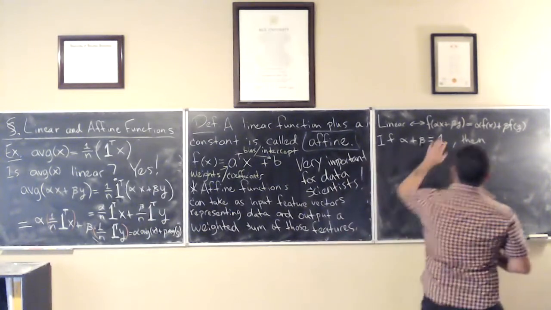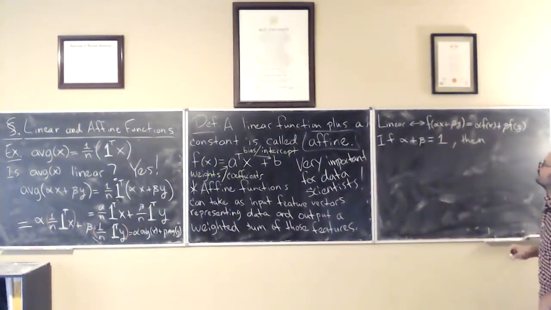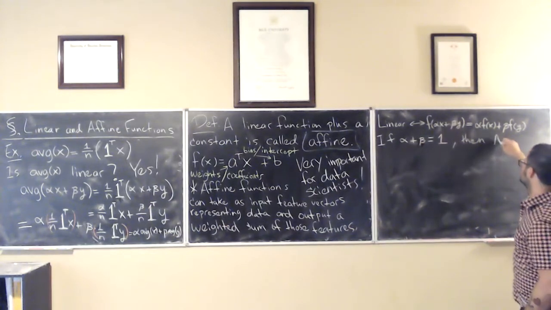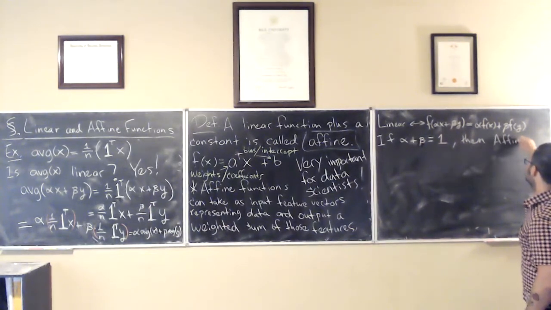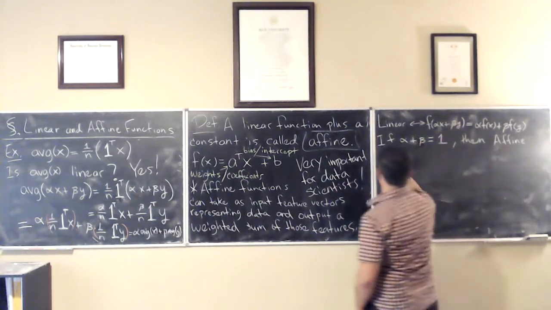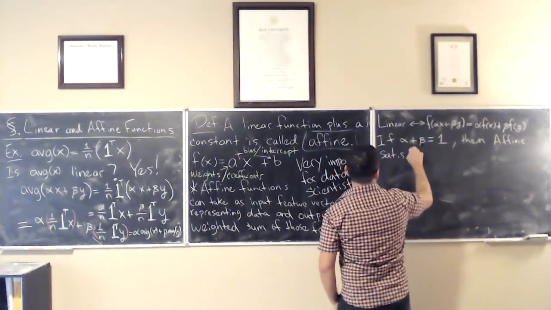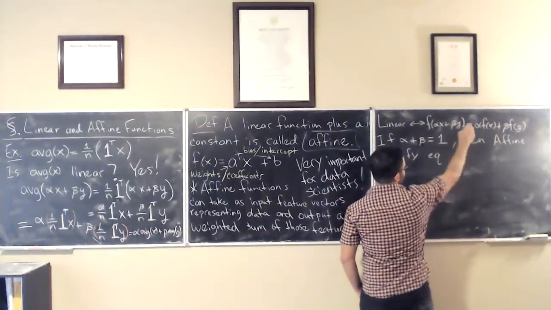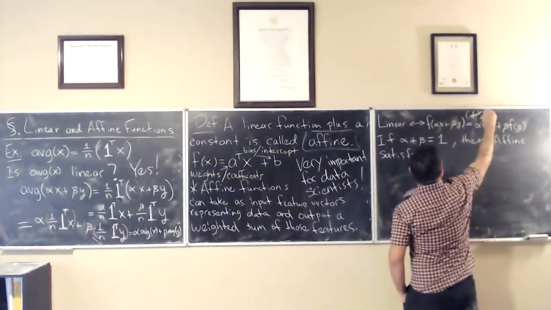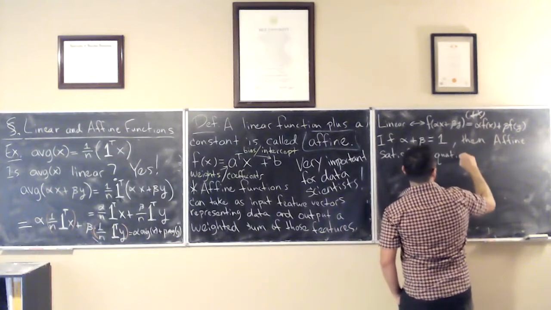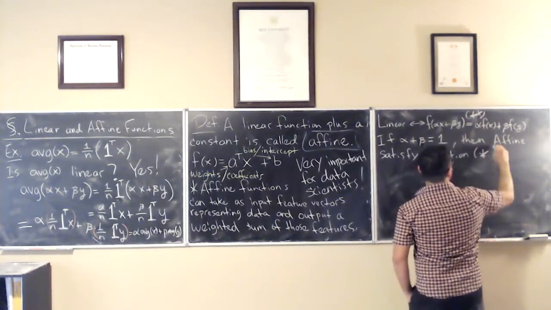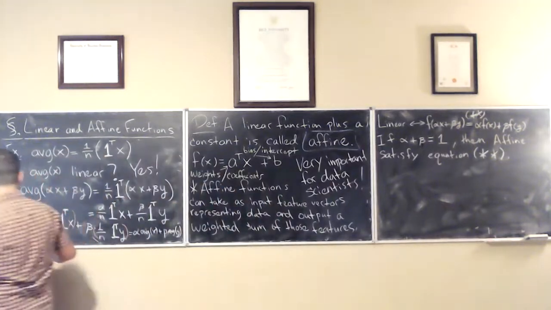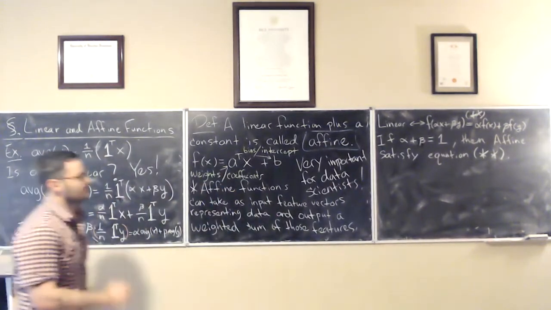So, all right, so now if alpha and beta equal to 1, then affine functions satisfy equation double star, the one that, so this is double star. So they behave nice like linear functions.